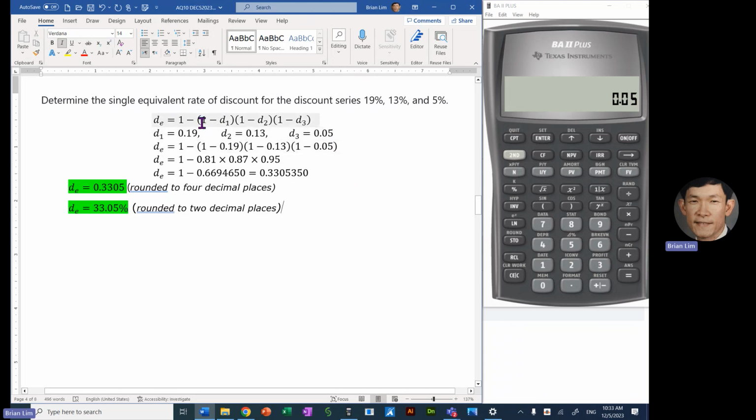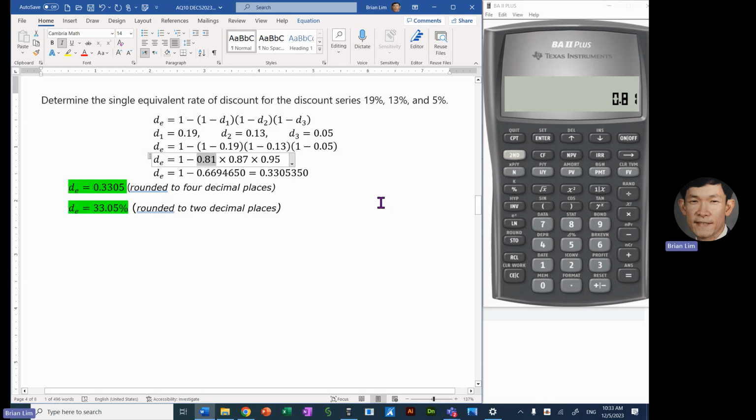Okay, so we insert those numbers into this formula right up here. So 1 minus 0.19, let's compute that. 1 minus 0.19 is equal to 0.81, which indeed is this number right here.